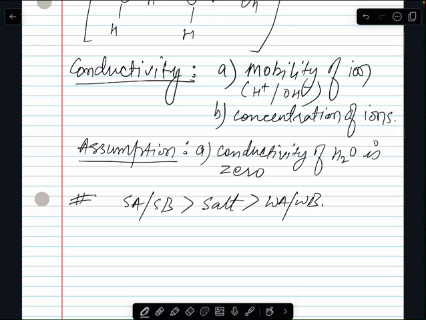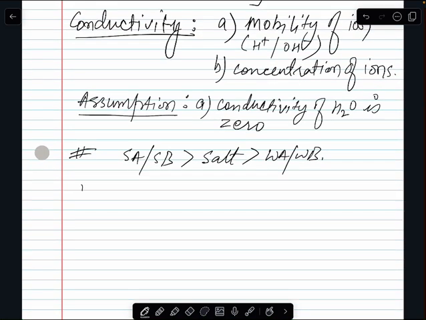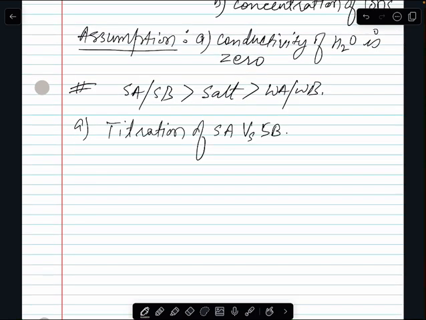So now let's discuss our first case, that is titration of strong acid with strong base. And we will take an example in which we'll take HCl in the beaker and we will pour in NaOH.